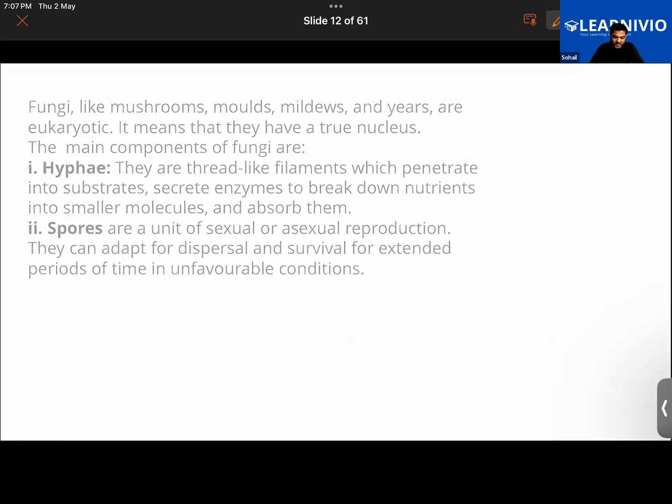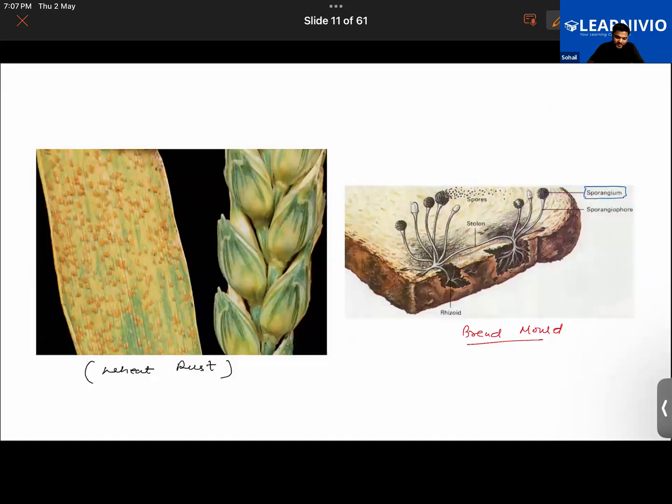Suppose some spore lands somewhere else, let's say on a table where no food is available. What will happen? It's not like it will immediately die.